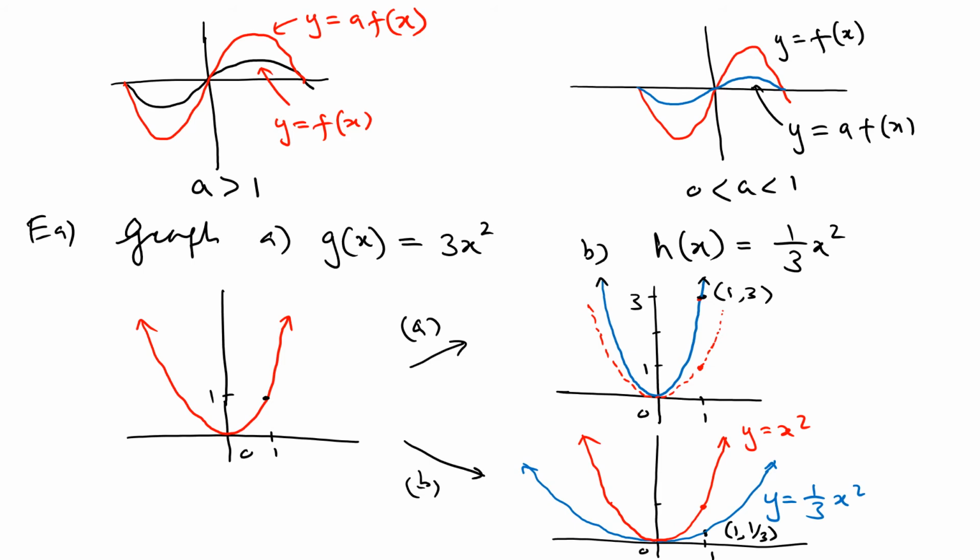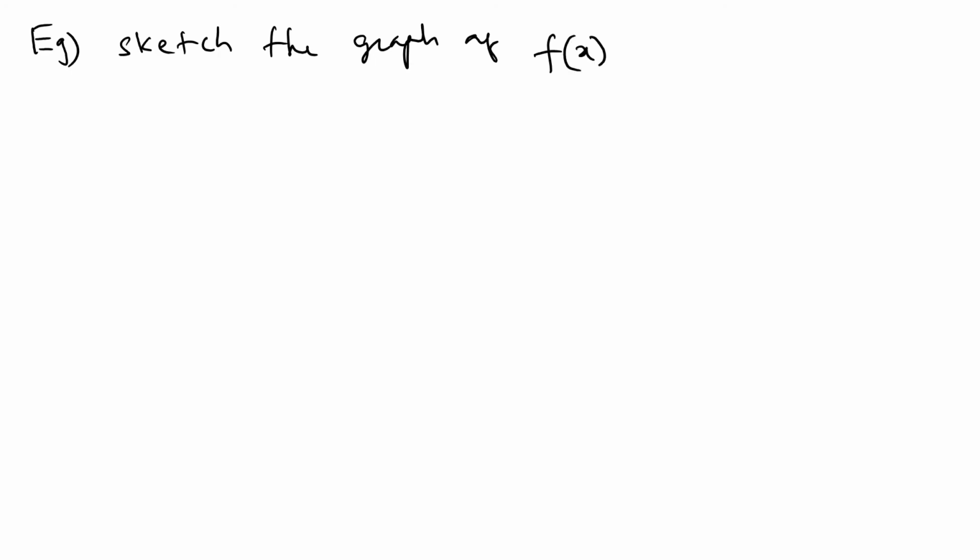So let's do one which combines maybe two steps. Let's do an example like this. The next example, we can sketch the graph of, let's do a little complicated one which has multiple steps.